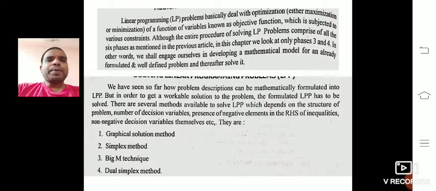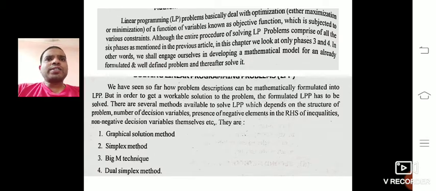Suppose it comes under profit, then we can maximize. Suppose it is under loss, then we can minimize an objective function which is subjected to the various constraints.